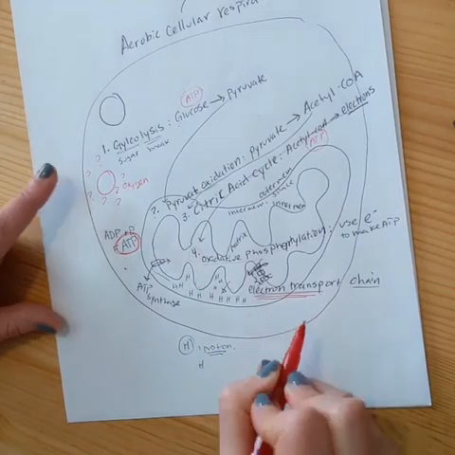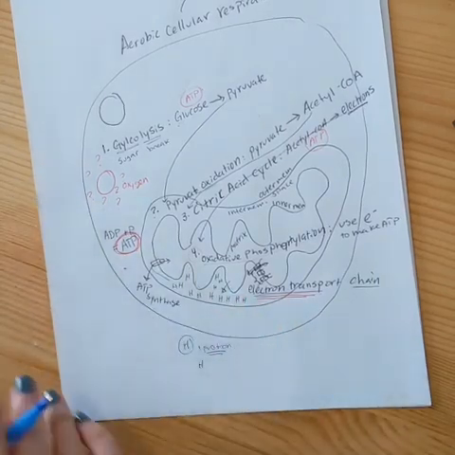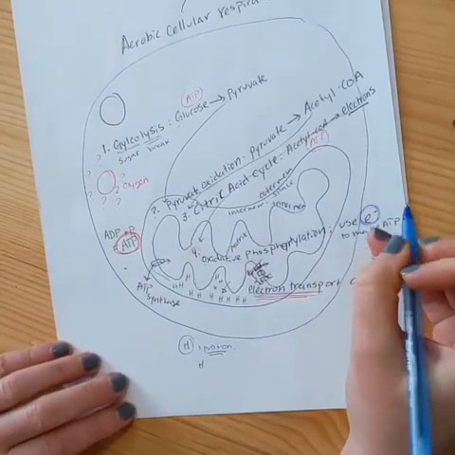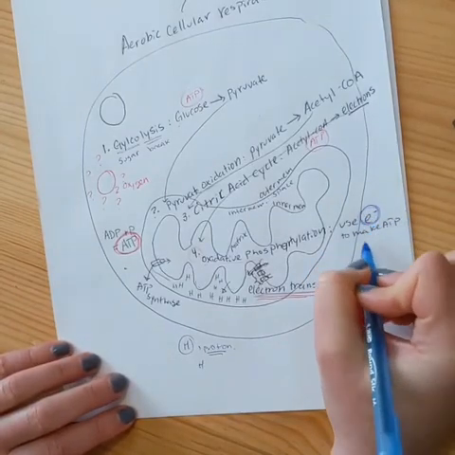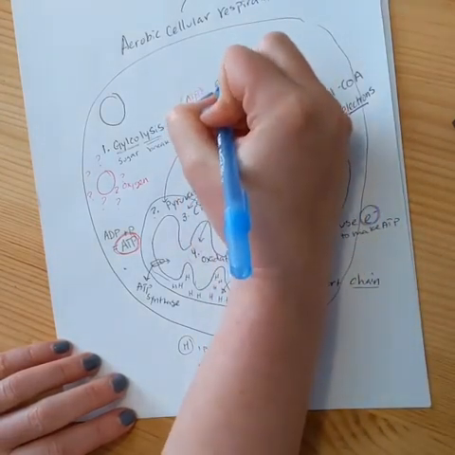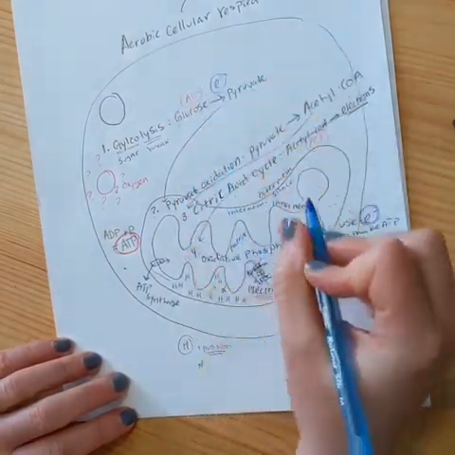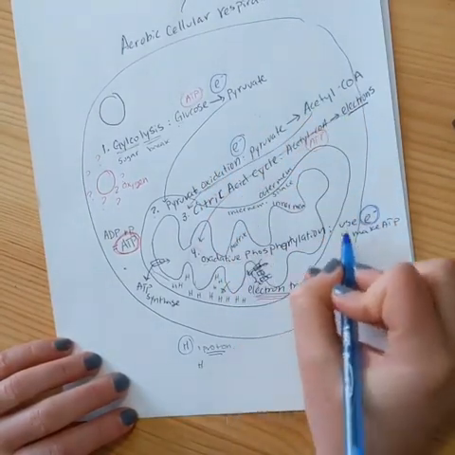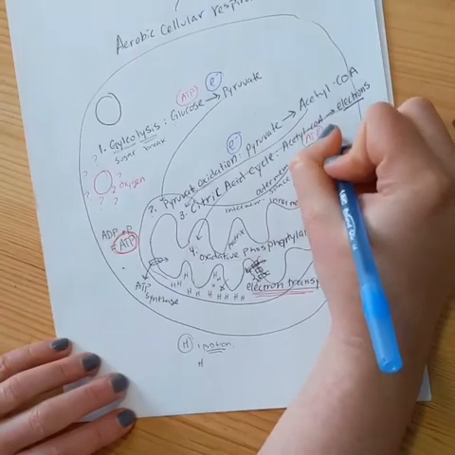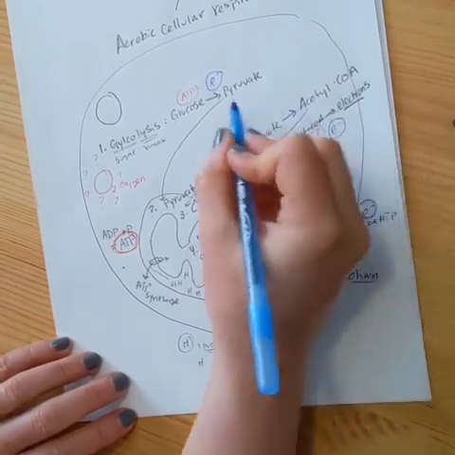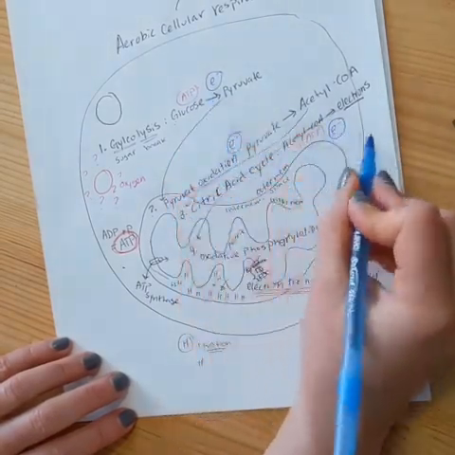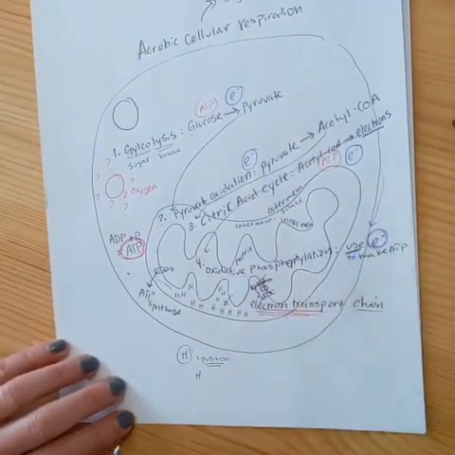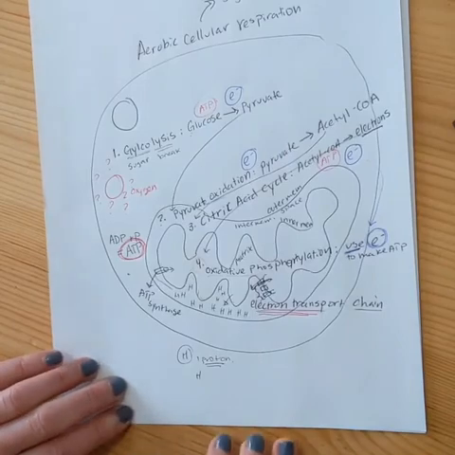And there's another thing to be aware of, and that's electrons. We're going to go more into detail about what these electrons are and how they're used. We're going to harvest some electrons in glycolysis, and some in pyruvate oxidation, and we're definitely going to get some in our citric acid cycle. These 3 steps are where we're going to get the electrons that we use during oxidative phosphorylation.